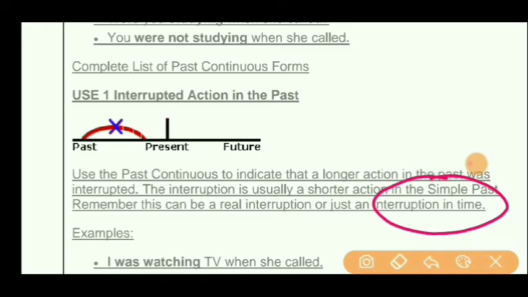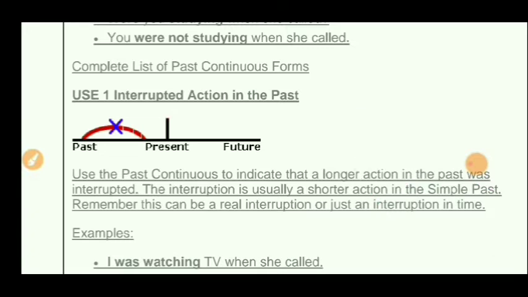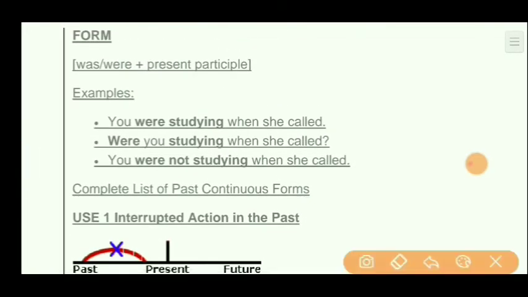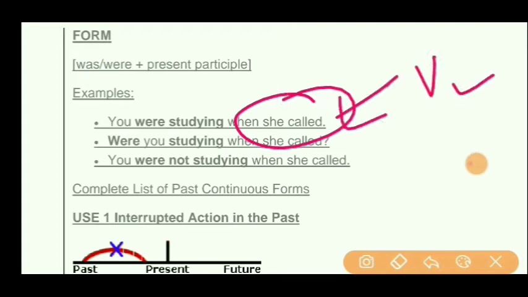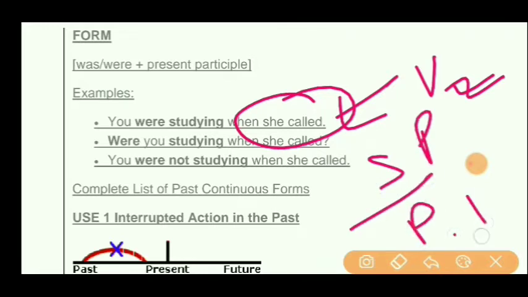The shorter action is related with simple past tense. See here, this is simple past. When she called, so called means V2. And you know very well that V2 is used in simple past, or the other name is past indefinite tense.